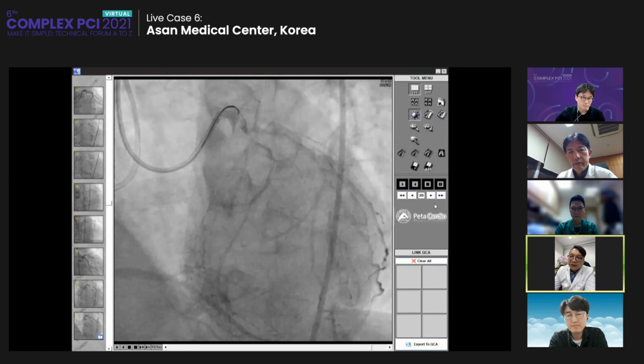So therefore, the CT scan is very important. We can know the distribution of the calcified plugs and avoid hitting the calcified plug as well. This is the information that we need to gather before doing the CTO lesions.